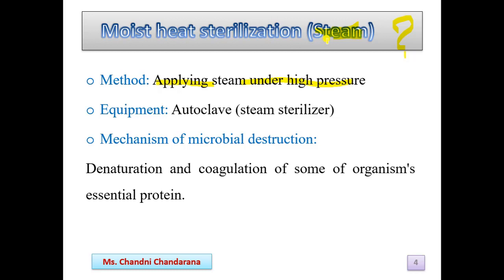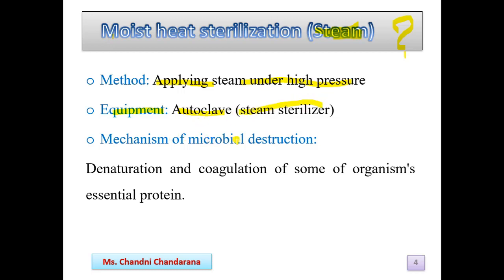That's why this method is known as steam sterilization, that is moist heat sterilization. Means by water vapor, by steam under high pressure, we can sterilize our product. The equipment we use here is an autoclave, or steam sterilizer.